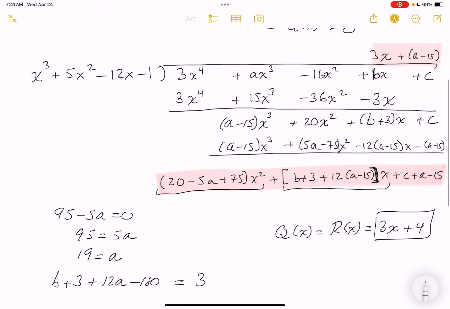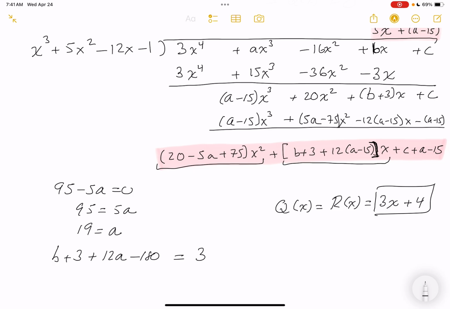B plus 3 plus 12. Yeah, I think I can do it. Let's put this down. So I'm going to get b plus, well, 12 times 19, right? And that's going to be minus 177 equals 3.